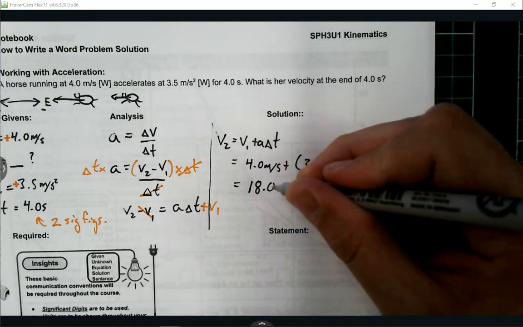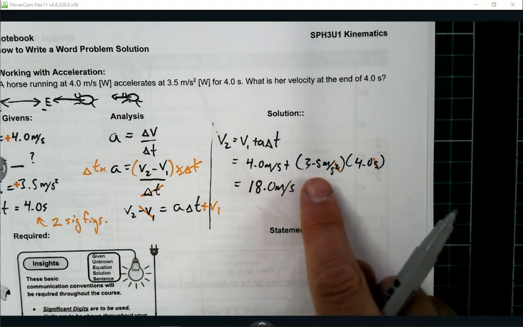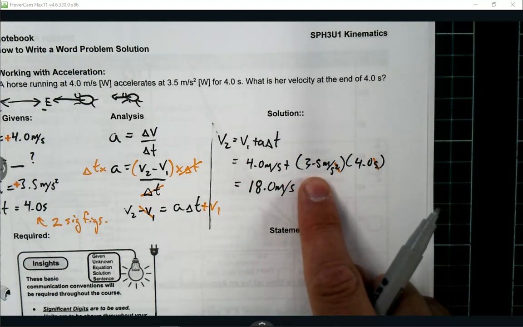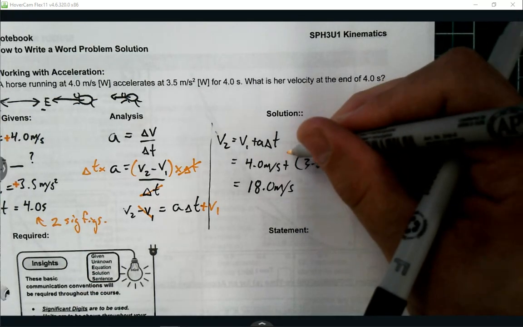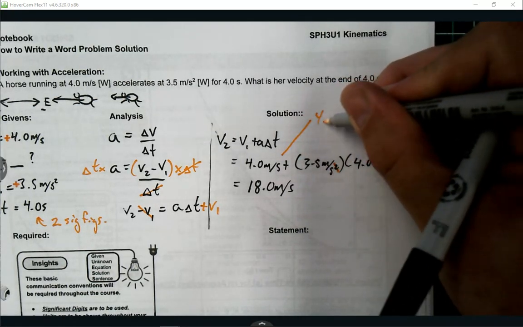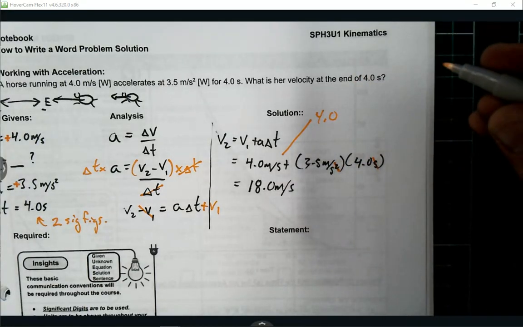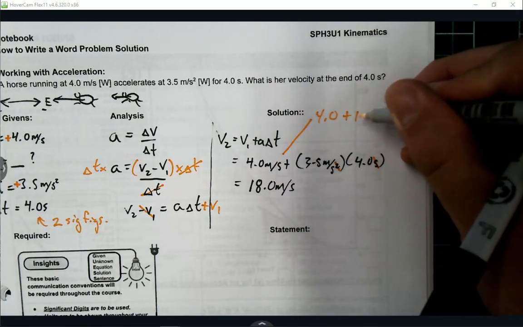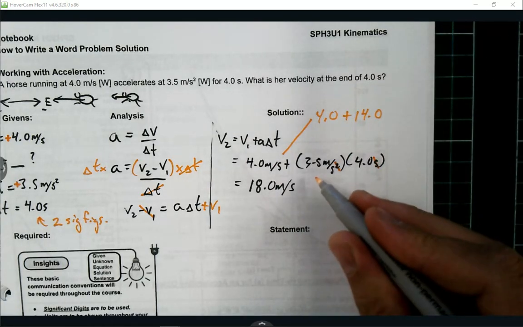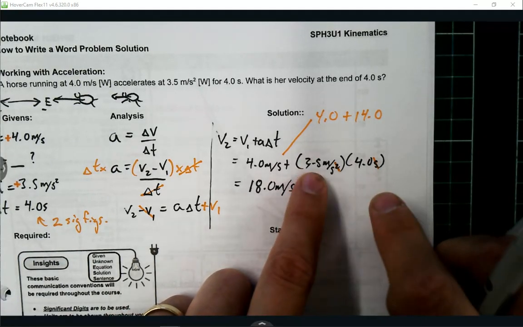18.0 meters per second. And then somebody's going to say, well, wait a minute, shouldn't it really be 2 sig figs? So here's the thing, and this is where we're going to have some interaction with the chemistry folks. Really and truly, look, if I've got 4.0 and 4 times 3.5 is 14.0, but look, I had to multiply these guys to get that 14.0, and they only had 2 significant figures.